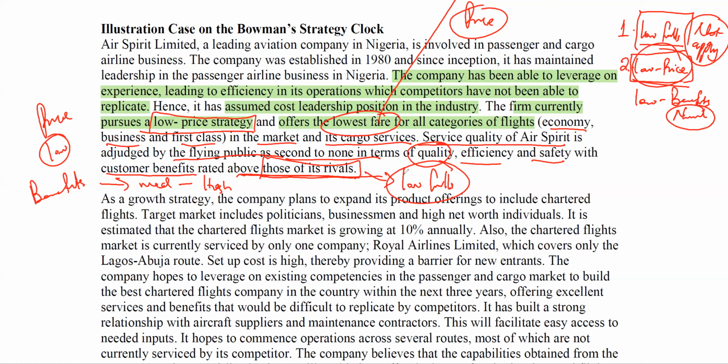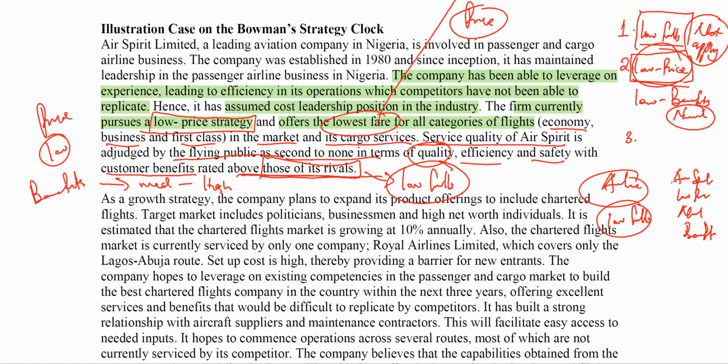Let's say there's another airline here who offers low frills, cheap flights, low quality, or low benefit, right? And then this is Air Spirit, and Air Spirit is offering what? Low price with normal benefits, right?